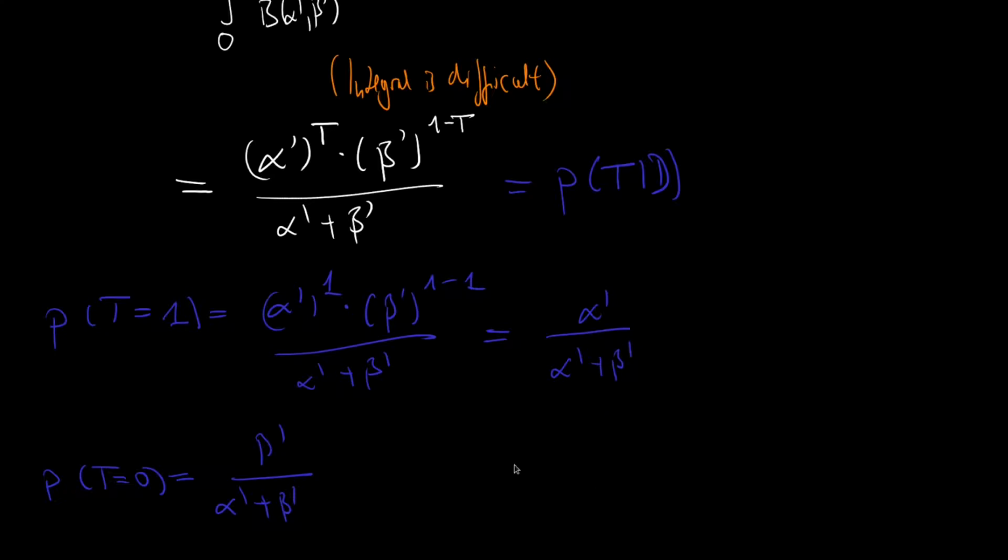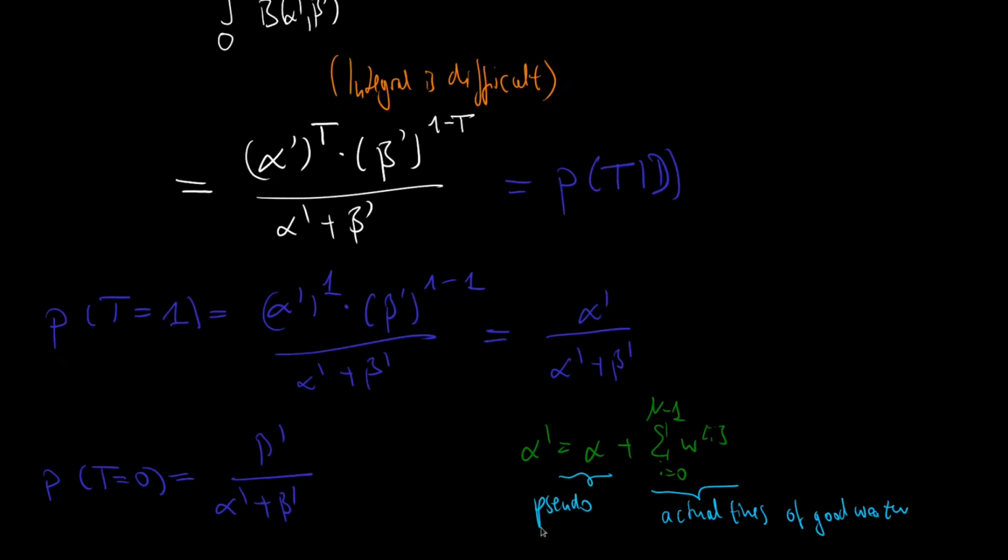And if you recall, the alpha prime was nothing else than our alpha plus the sum of all our observations. So in essence, what we're doing here is we have some sort of a predictive posterior based on our actual counts, so our actual times of good weather, and our pseudo times of good weather.